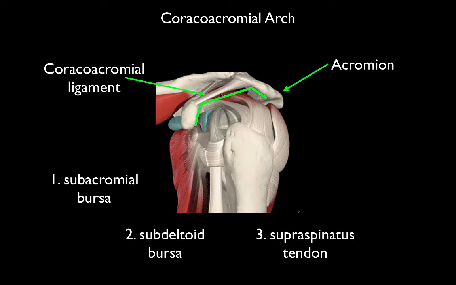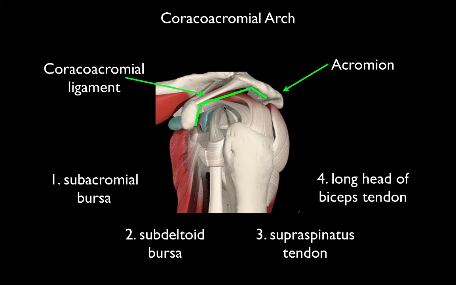It runs right underneath that ligament and the acromion as it makes its way to the greater tubercle of the humerus. And the long head of the biceps also runs through here. You can see that here as it comes up on top of the humeral head, and it also runs underneath this arch.